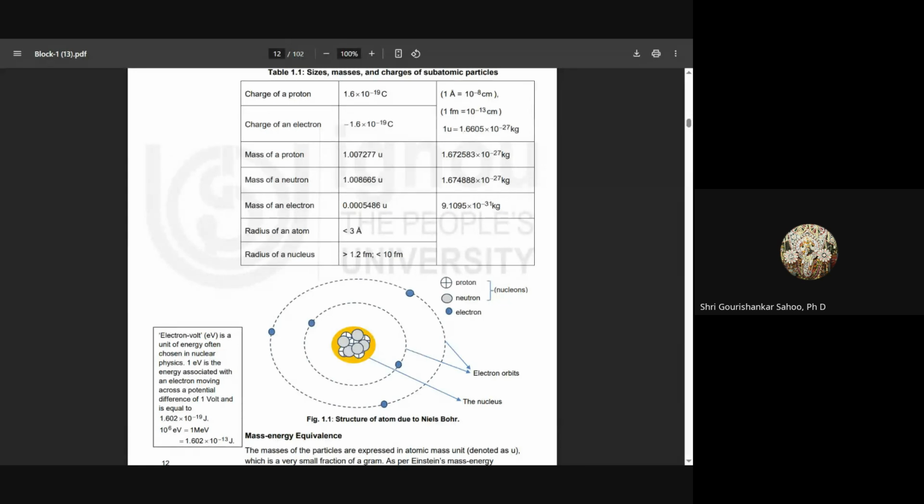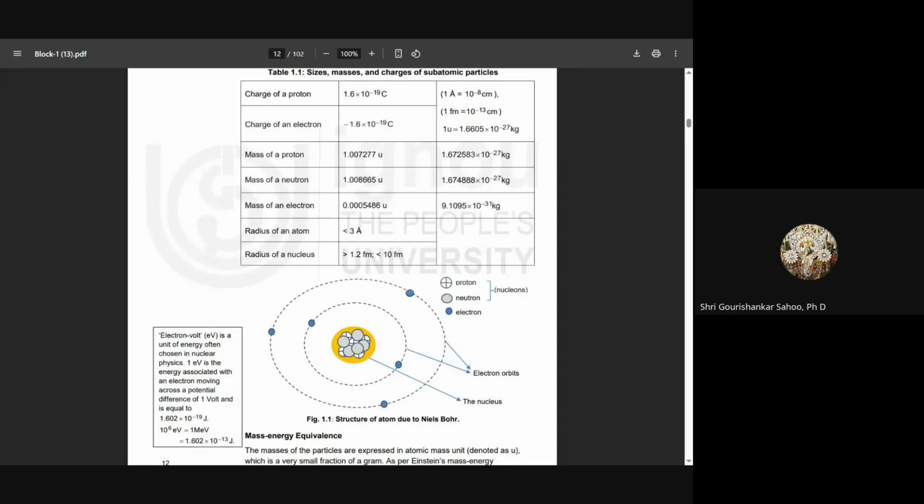But the mass of the electron is very much less than that of protons or neutrons. It is 0.0005486 atomic mass unit, and it is 9.1095 into 10 to the power minus 31 kg.